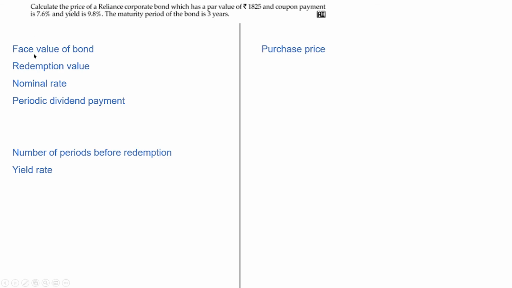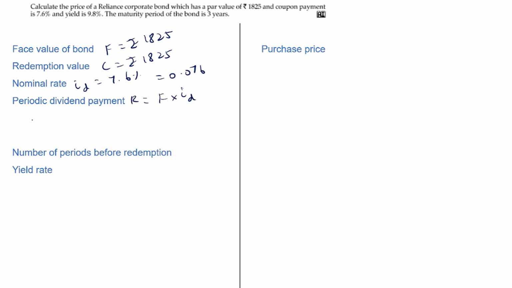So let us write each of these. The face value of the bond F is rupees 1,825. Redemption value C is also rupees 1,825. Nominal rate i_d is 7.6%, it is 0.076. The periodic dividend payment R is given by F into i_d.